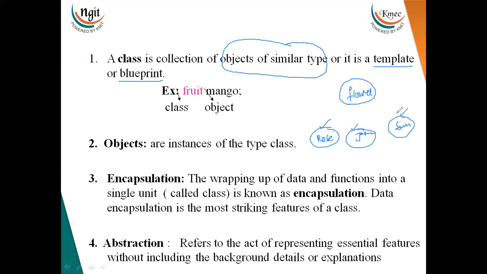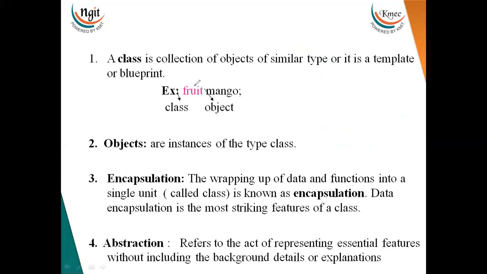So we can see in these real world objects, we can touch them, right? These objects contain the state, behavior, and identity. Whereas a class can be called a template or blueprint or logical entity, right? Here I'm giving the example. Here fruit is a class and mango is an object of the class, right?